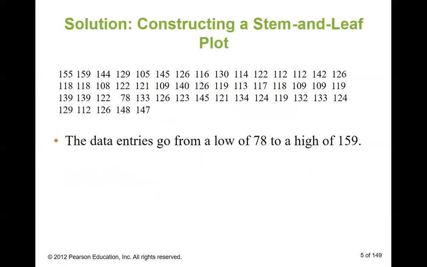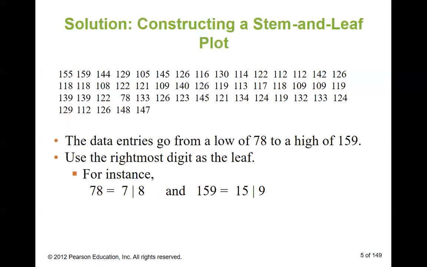No, so I'm not going to have anything in that row. In the 90s, now, do you see some in the 100s? Like 10 something? If I pay attention, the highest number in the list is what? 159. I do not see anything in the 160s, but I do see this 159 right here. So on my stem side, I want to start at which number? And go up to 15.